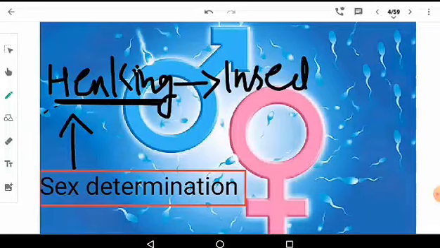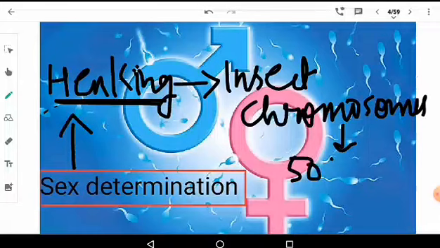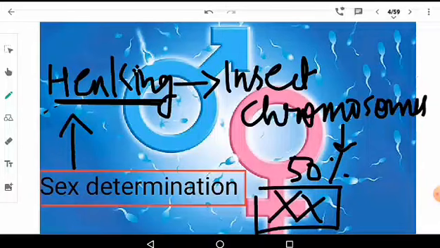So he was working on insect chromosomes and he could identify that only 50% of the insects had XX condition as the last chromosome and another 50% had only one X chromosome. That is, the other chromosome was absent in the case of males.